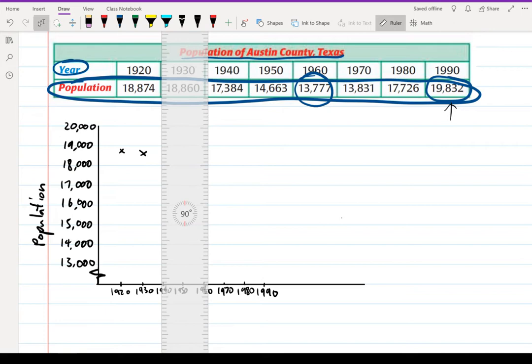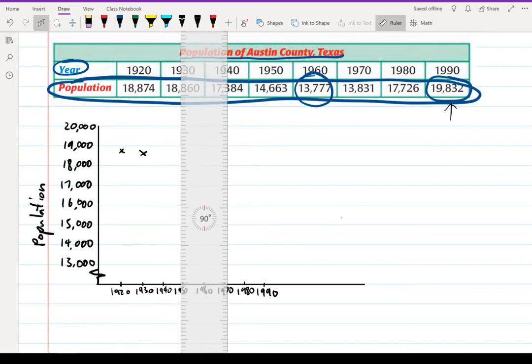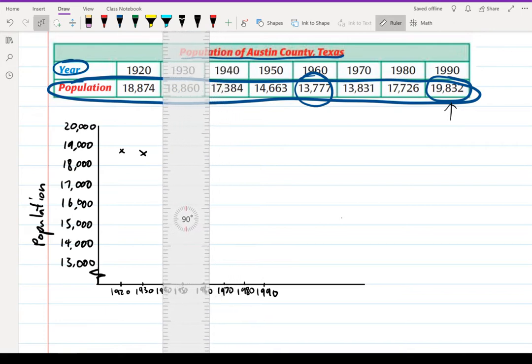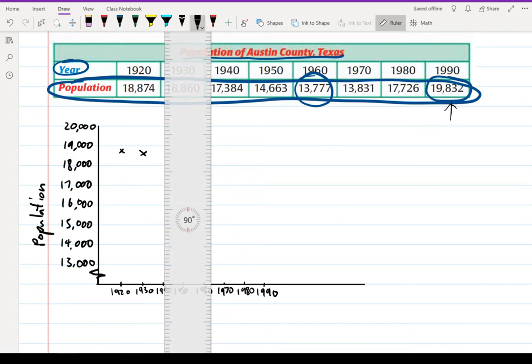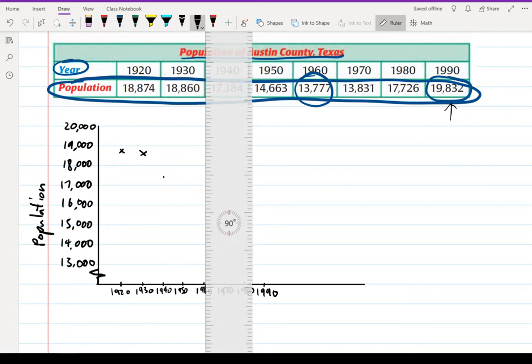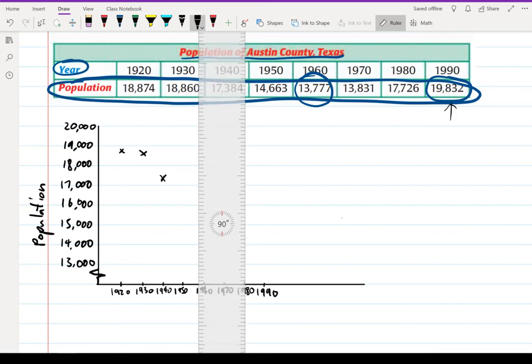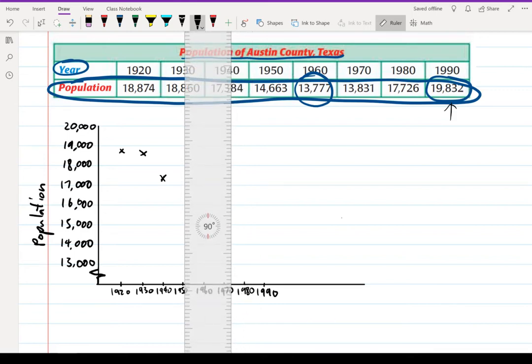For 1940, it's 17,384. So 17,300 is around here. Okay, just plot it down. And then for 1950, it is 14,600.